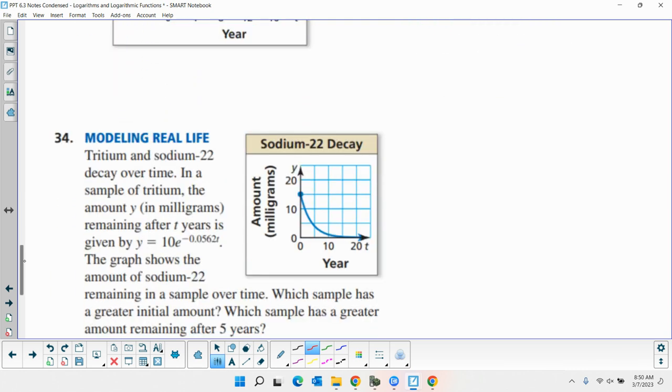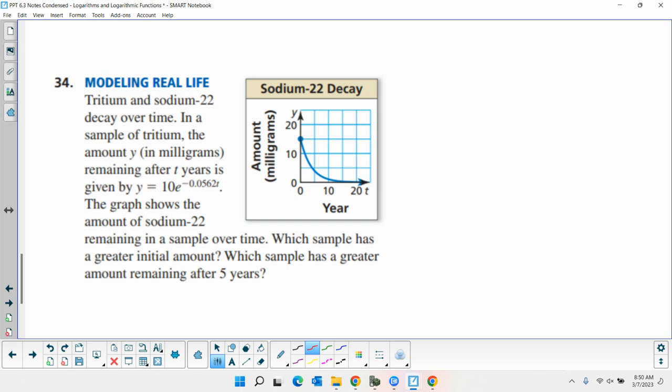And then this one, tritium and sodium-22 decay over time in a sample of tritium. The amount y in milligrams remaining after t years is given by this formula. The graph shows the amount of sodium remaining over time.